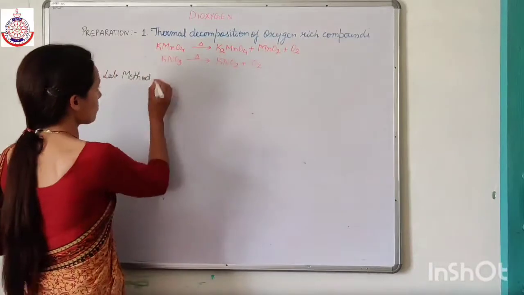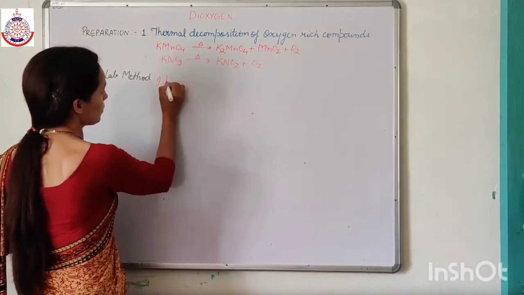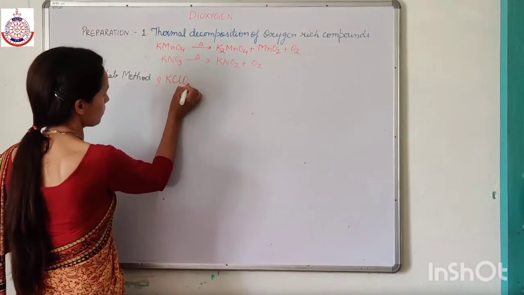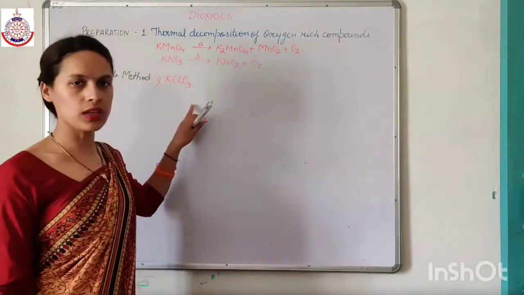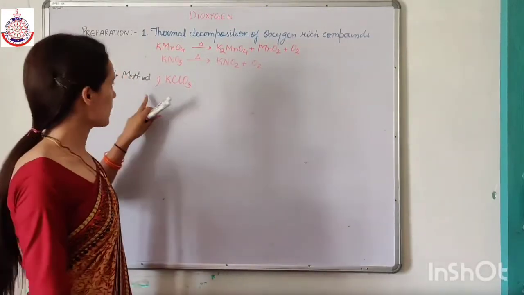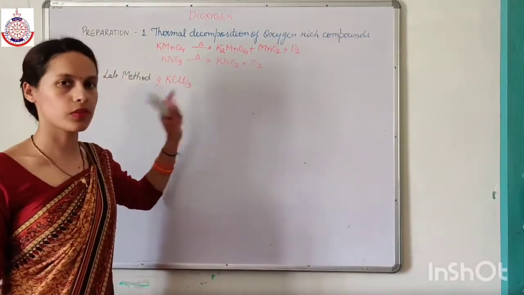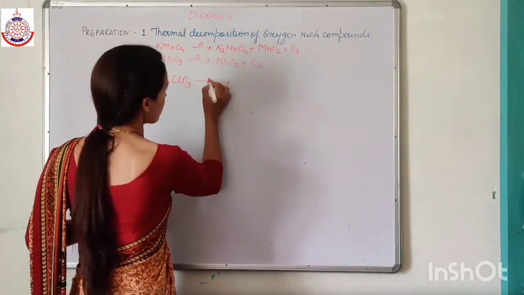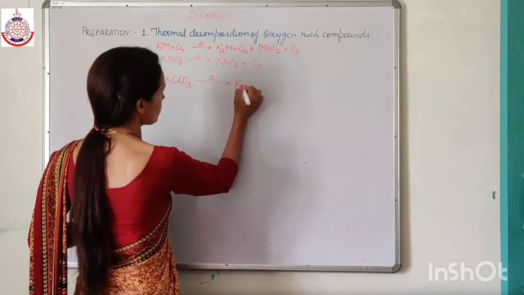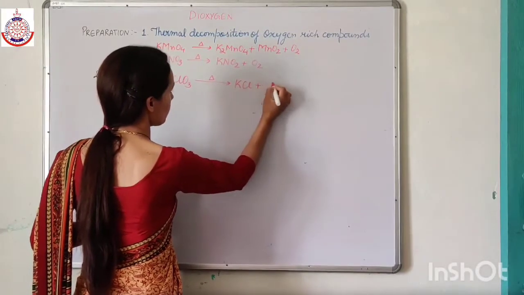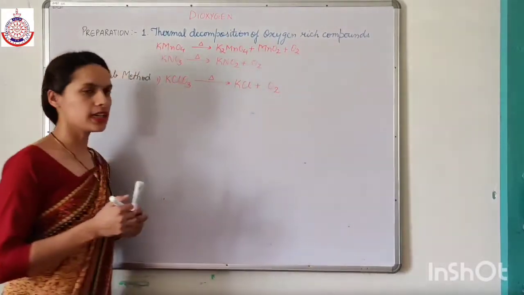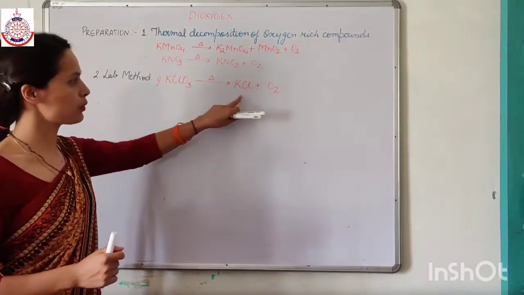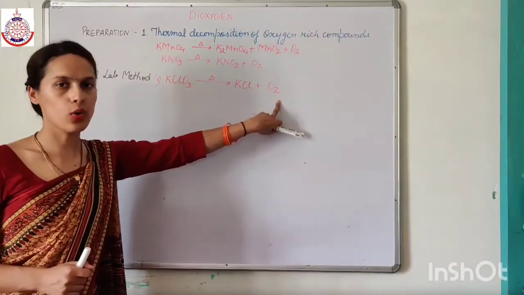First, we can prepare oxygen in the lab by using KClO3, potassium chlorate. On heating KClO3, it decomposes to give KCl plus O2.